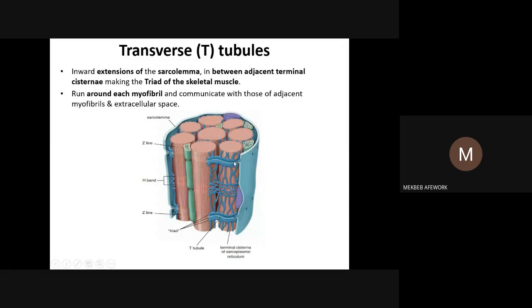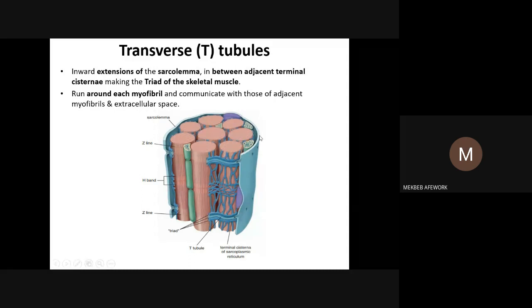Here is a transverse tubule getting deep inside between adjacent terminal cisterns. We name it T-tubule or transverse tubule. So what you see here is one terminal cistern, the T-tubule in the middle, and another terminal cistern. These three, which are found at the junction of the A-I band, make what is named a triad.